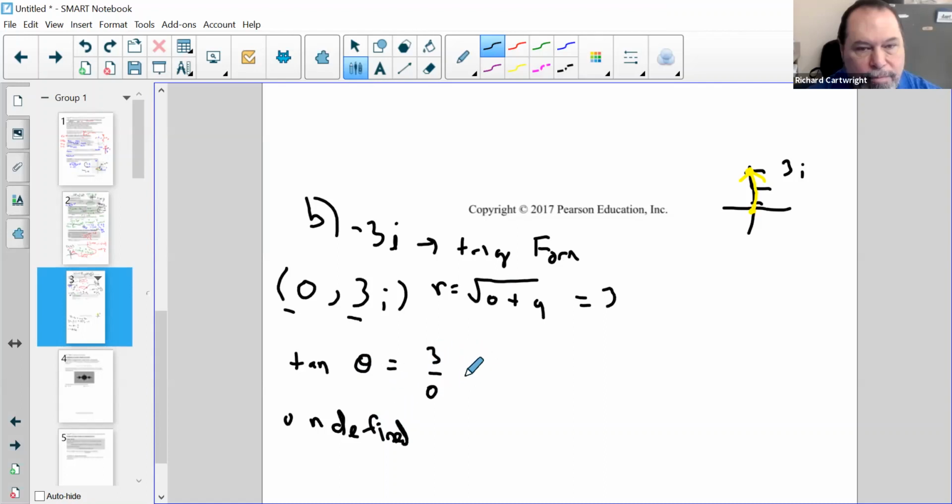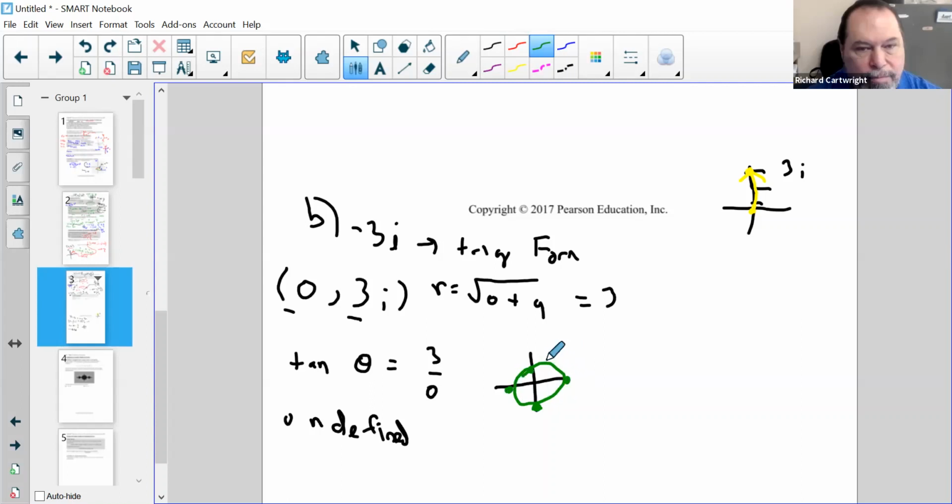undefined? Well, if you graph any xy plane on that unit circle, let me try to do a nice unit circle. Which of these points is tangent undefined?